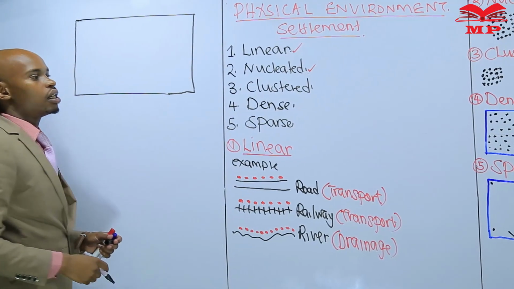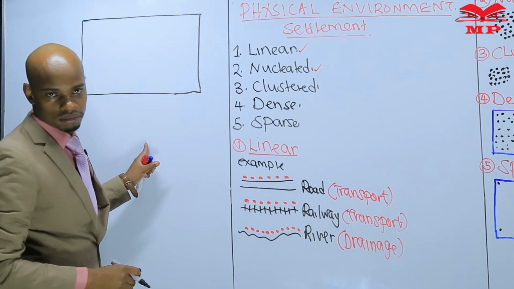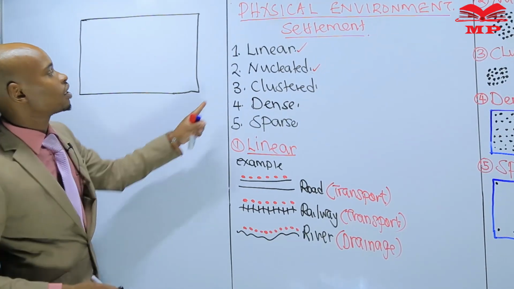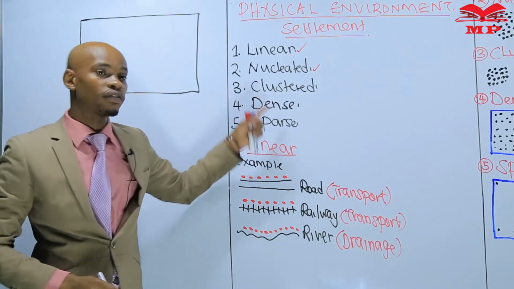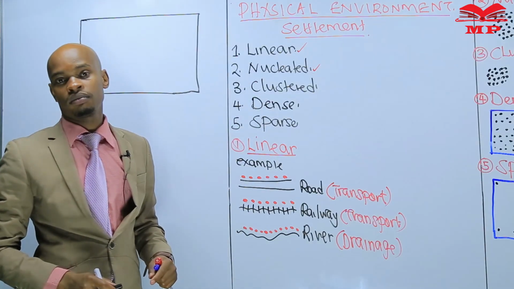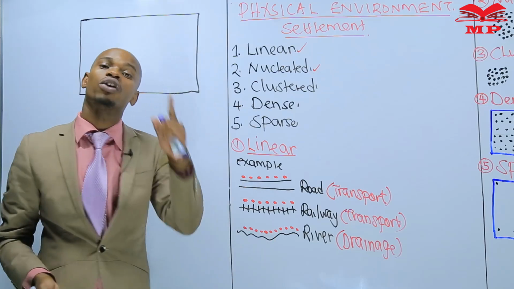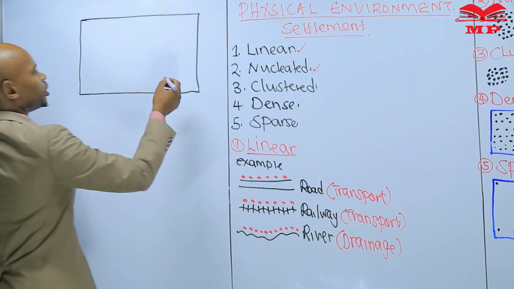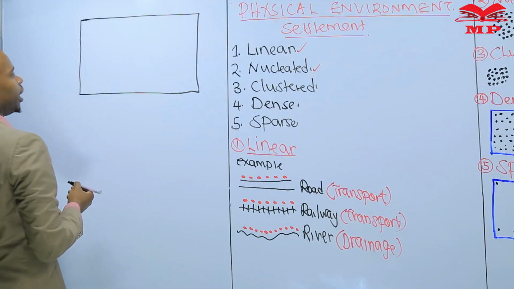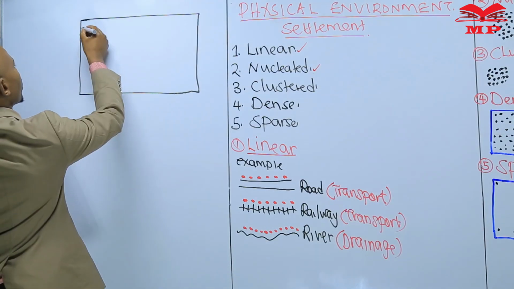And in a map, we might be having 1 or 2 settlement patterns, or even 3 or even 4, or probably sometimes only 1. So, assuming this is our map and we have a quarry.